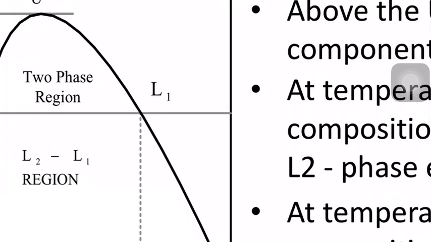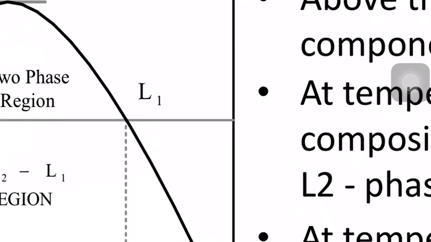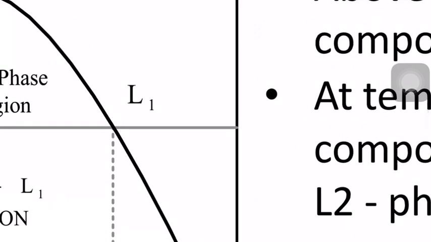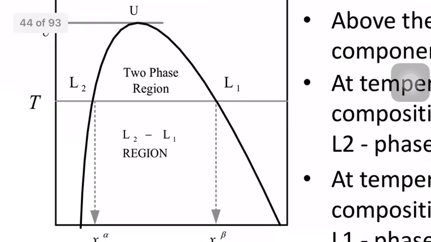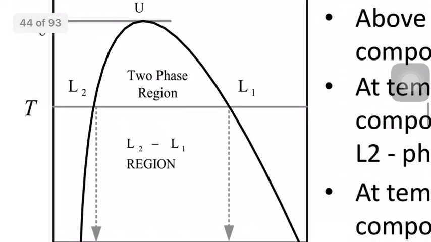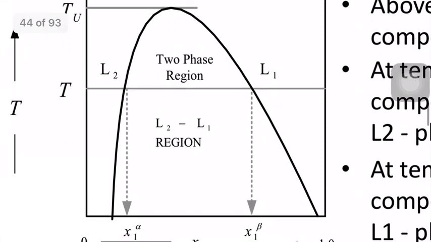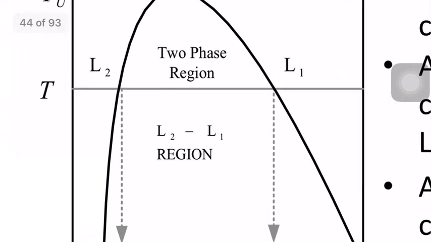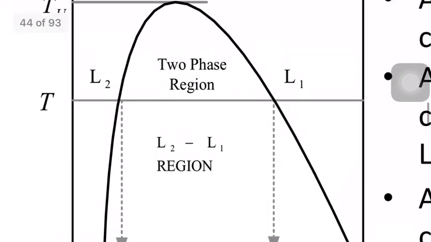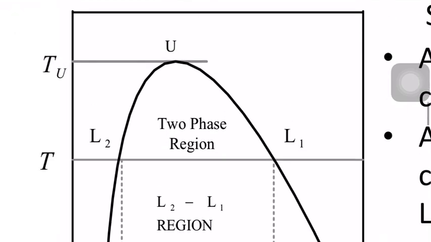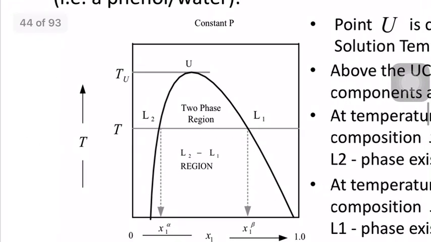Here you can see temperature versus composition for component number 1. Again, we have a binary system, and we can select one of the components, component 1, and you can see this type of behavior.